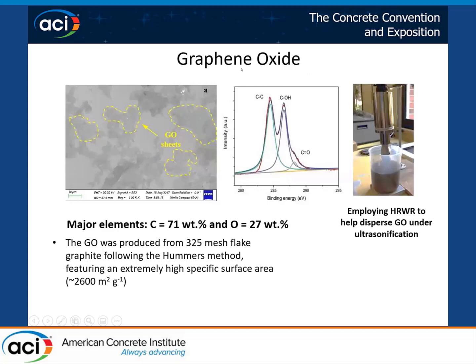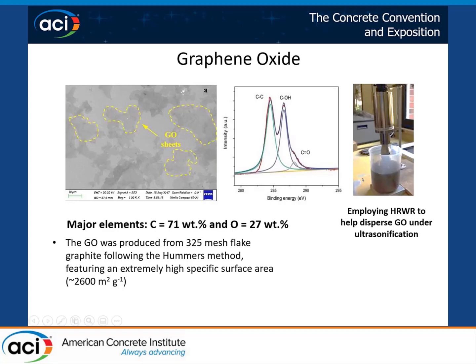Graphene oxide is a type of nanosheet, as we can learn from these SEM results. From these XPS results, we can learn that the main chemical component of graphene oxide is carbon at about 71%, and oxygen at about 27%.